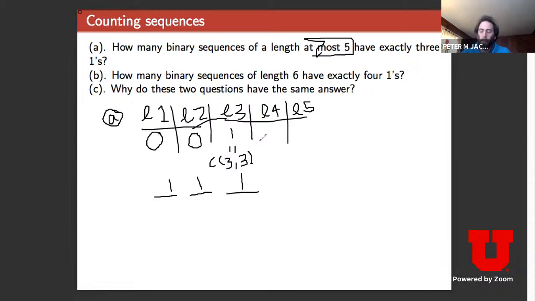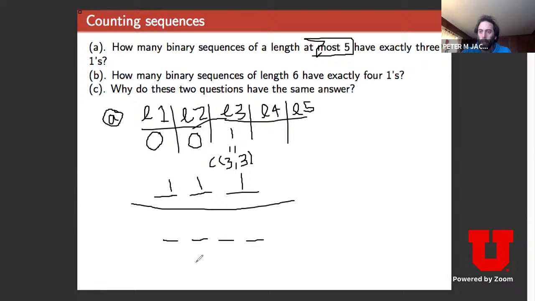Okay. How many binary sequences of length 4 have exactly 3 ones? This would be 4. Yes, that's correct. The idea here is that there are now 4 slots.